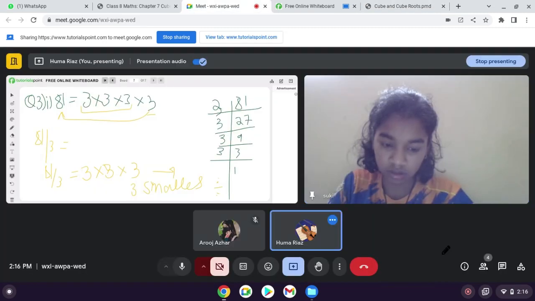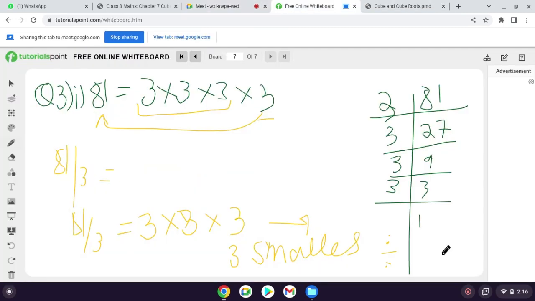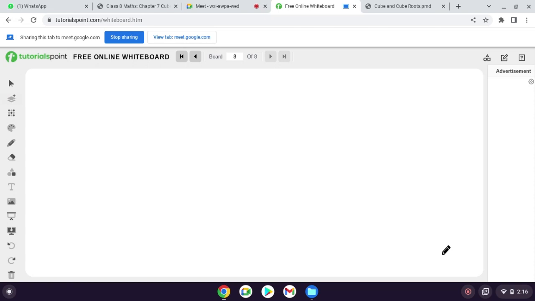So this question will be done like this. The small cubes with 1 centimeter, the length, the height and the width is like this. Into 2 into 2, the length, the breadth and the height.